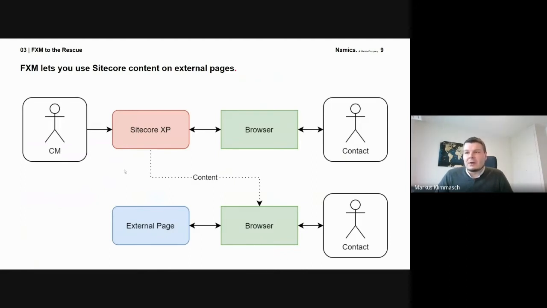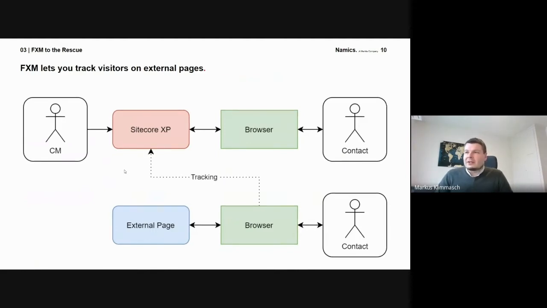As you can see, since the content manager can edit this content, you also make your external page content manageable. You want the same in the other direction as well. So FXM lets you track contacts from an external website by making the browser connect to Sitecore and send the tracking information. This makes our content and our contact visible even when it's on the external web page.